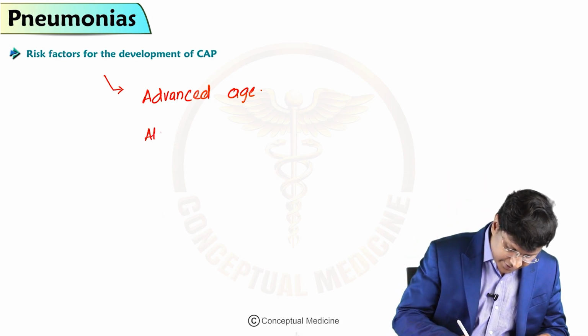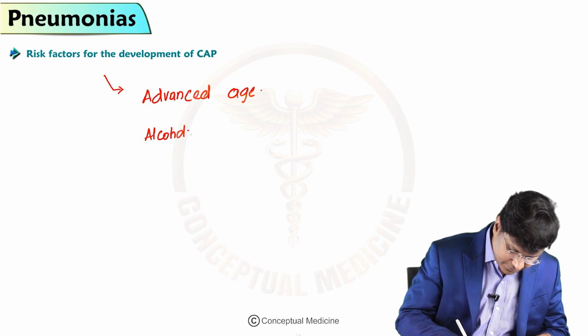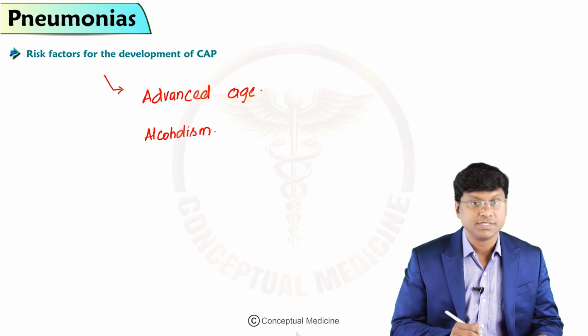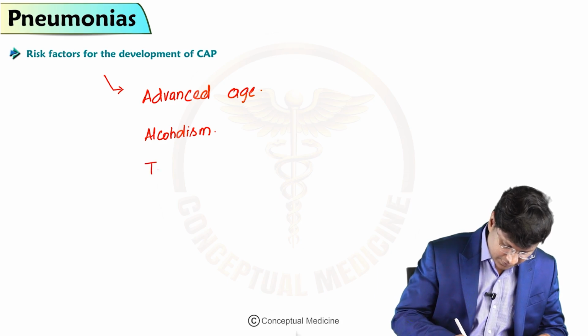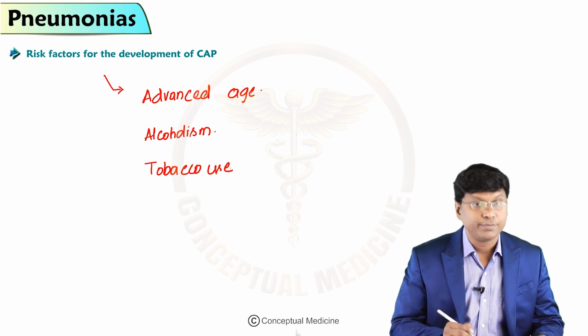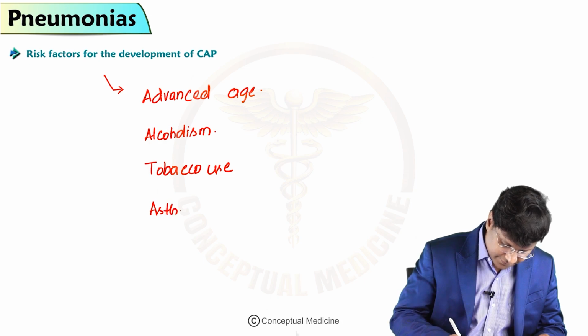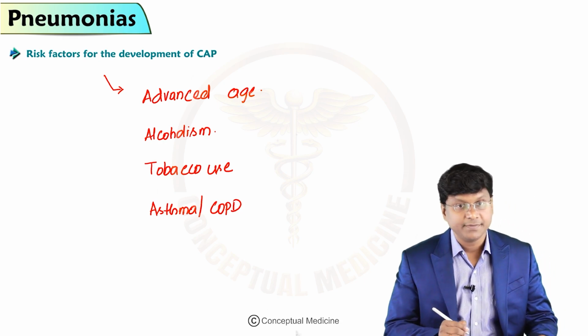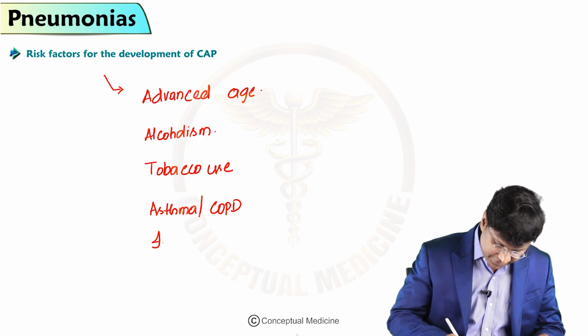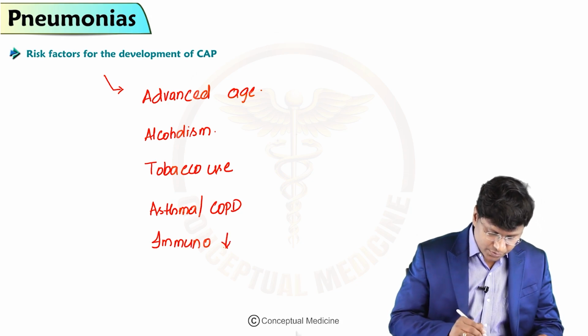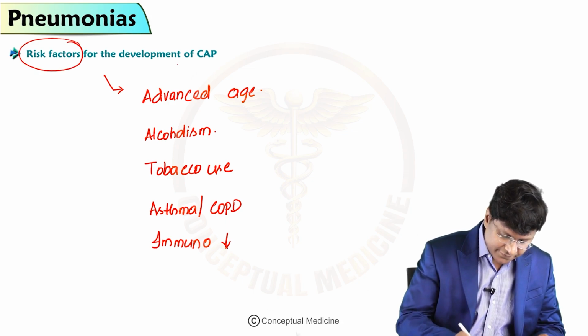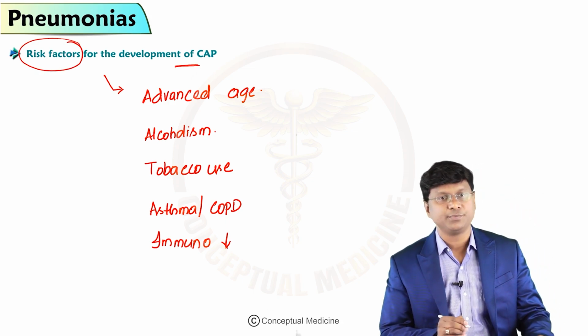Another important risk factor is alcoholism, next tobacco use, and patients with a history of asthma or COPD, then immunosuppression. Okay, so these are the risk factors for the development of community acquired pneumonia.